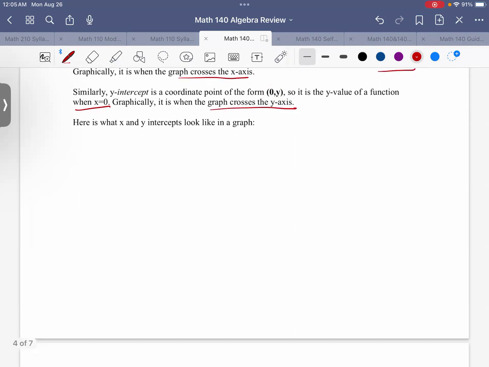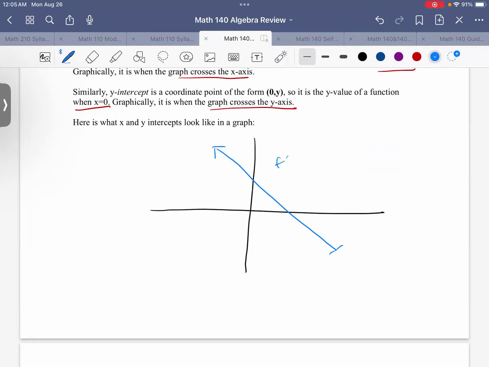So let's take a look at what that might be. If I have some type of function like this, some type of function f of x, this would be your y-intercept, and this would be your x-intercept.